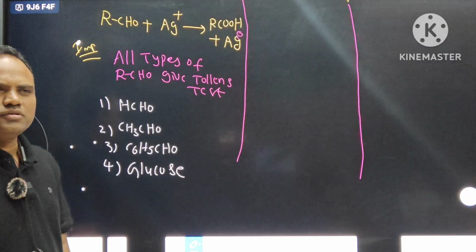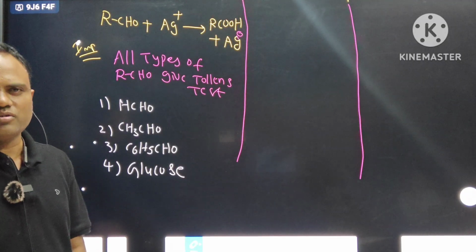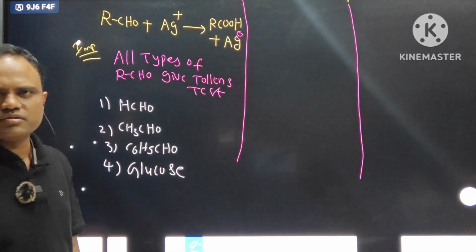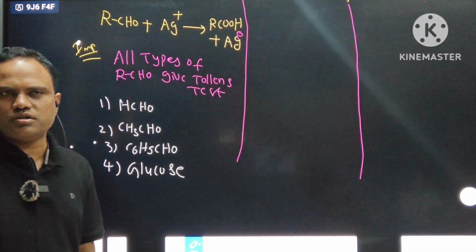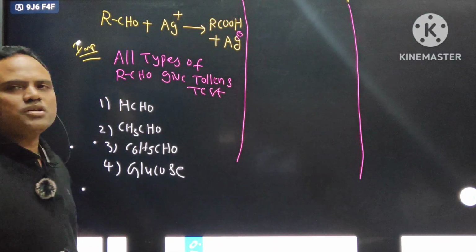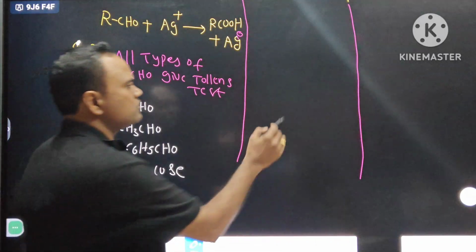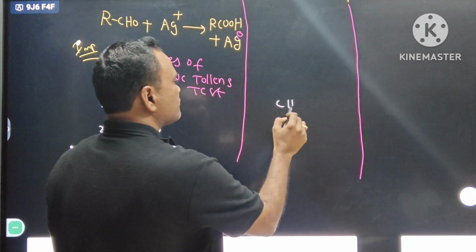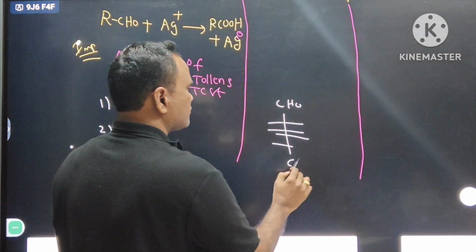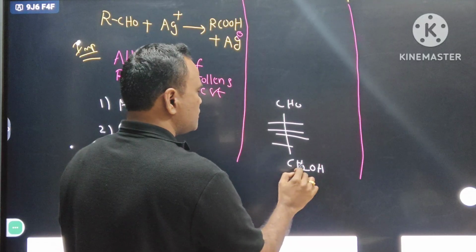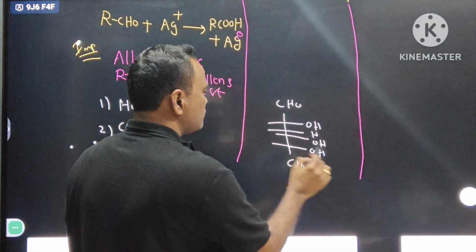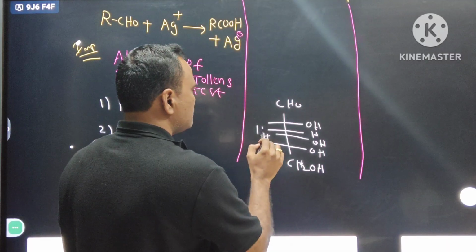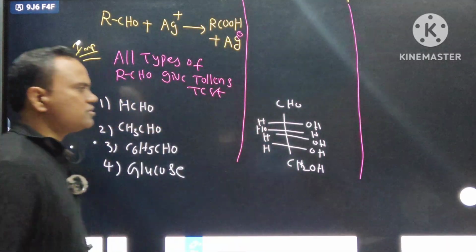What about glucose? You don't know about glucose, I think. In biomolecules, it will come. Glucose contains a CHO group. This is the glucose structure. You no need to write, just remember whether glucose gives Tollens test or not.